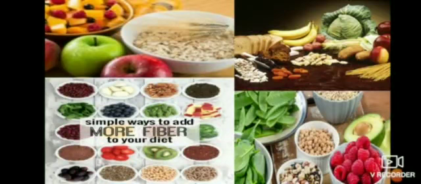The components of food that are necessary for digestion in our body are called roughages or dietary fibers. Children, where do we find these roughages or dietary fibers, and what are the sources of these roughages? We find roughages or dietary fibers in some fruits and vegetables.